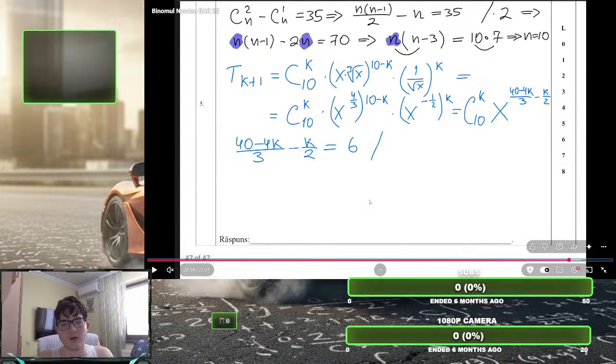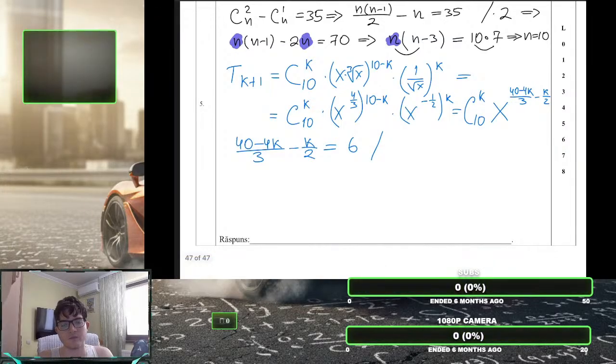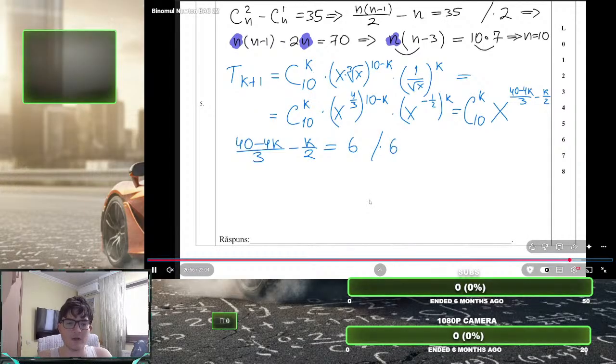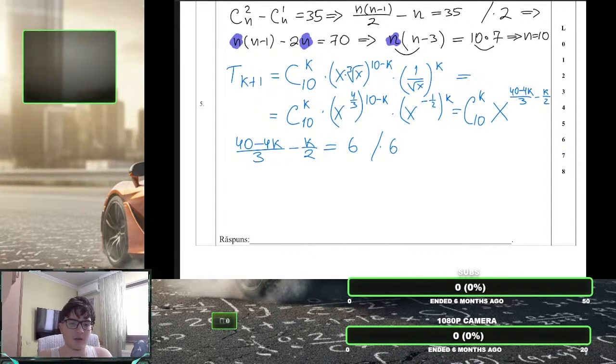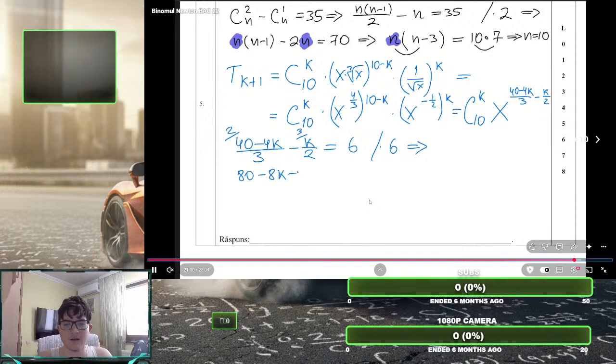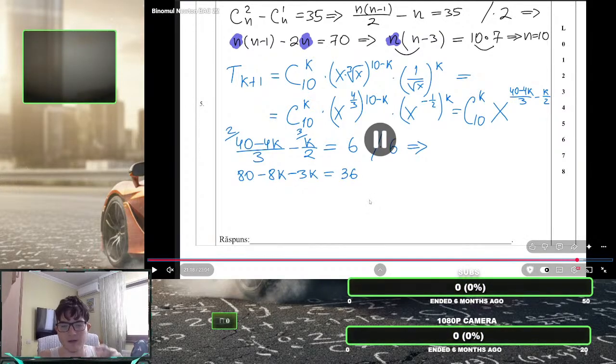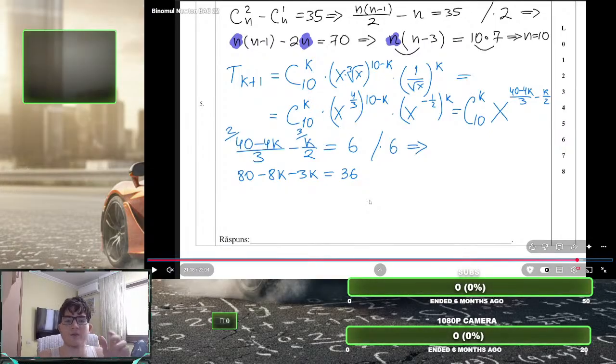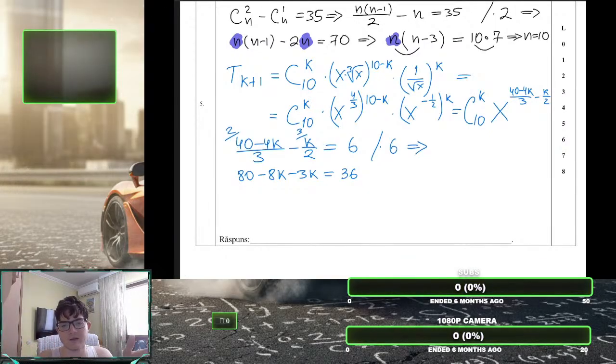Now that expression on the left times 2, on the middle times 3. So it's gonna be 80 minus 8k minus 3k equal with 18. I mean not 18, with 36, just to annihilate the 6.